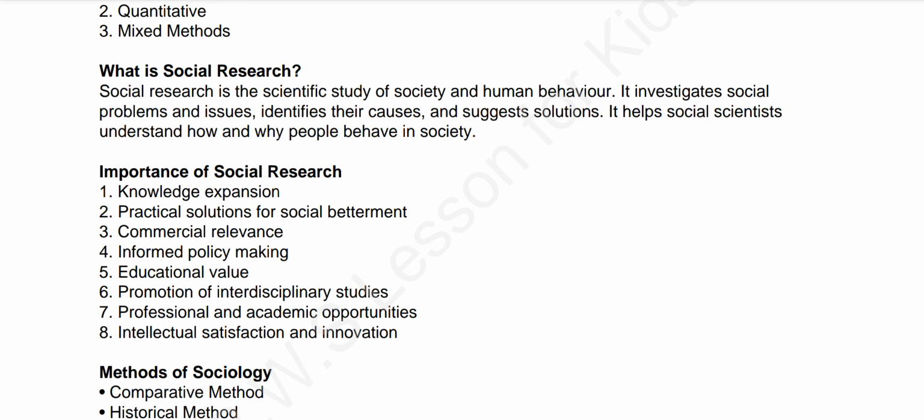Through this social research, the researchers are able to know more about the society, and they are able to explain that to the administrators. After that, the administrators, when they understand the society in a better way, they are able to plan policies and rules and laws for that particular society or that particular community, according to their choice. So this is all about.